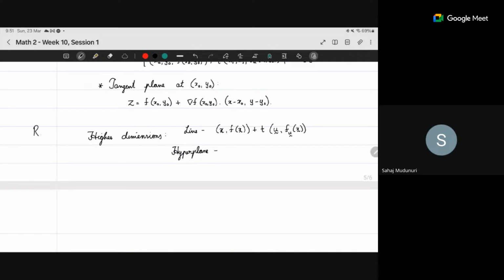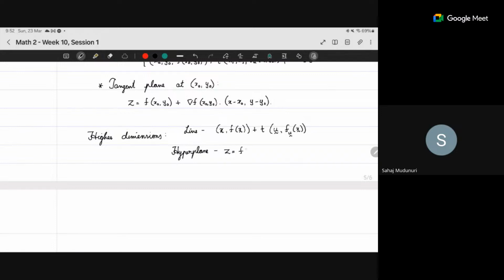So you saw that in R2, when we are looking at functions of this form, you'll get a line, which is of dimension 1 in the space of dimension 2. In R3, we saw that what you get is a plane, a space of dimension 2 in a space of dimension 3. So similarly, when you're looking at higher variable functions, you will be working in the space R^(n+1), and the plane that you will get will be of n dimensions.